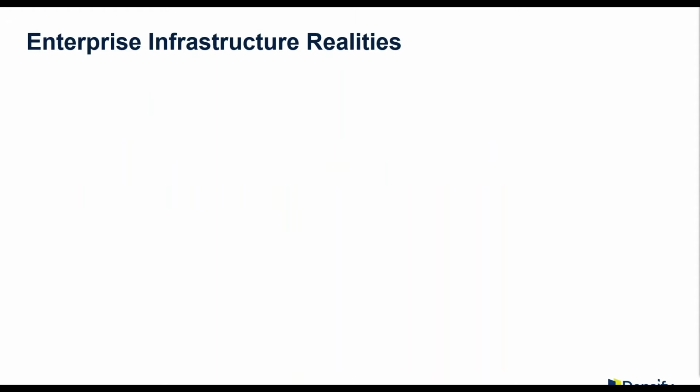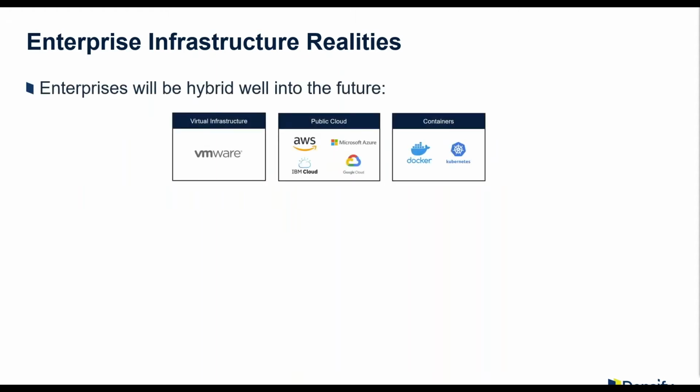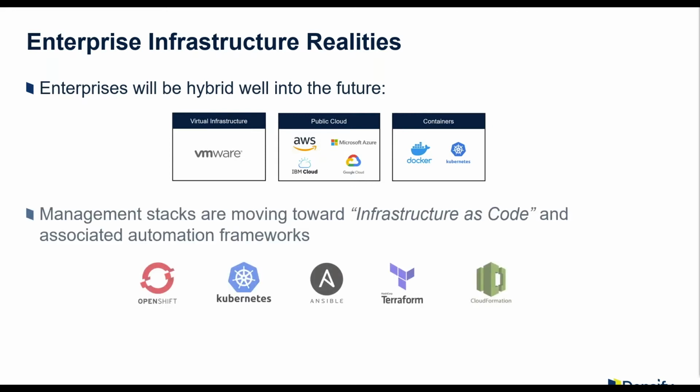Before I do that, just want to level set to say that when we're working with customers, enterprises, what we're finding is that enterprises are hybrid and they will be in this state well into the future. So they will have their virtual infrastructure, their VMware environments. They will be using public cloud and multiple varieties of public cloud, and they will already have adopted containers or be looking to move into the container world.